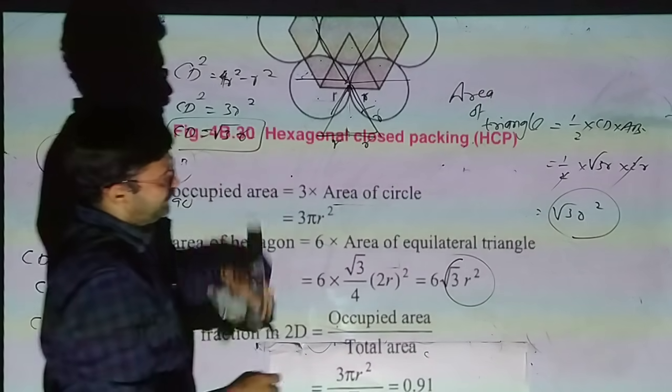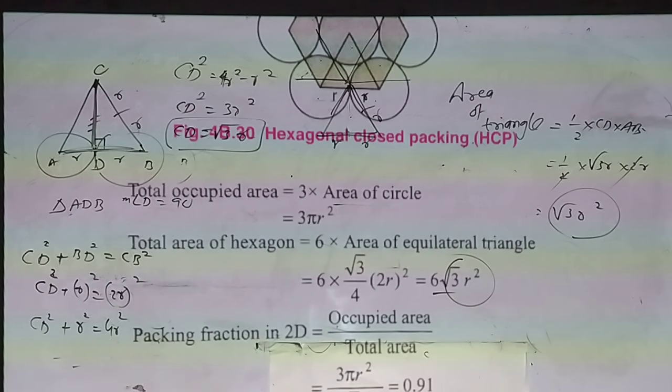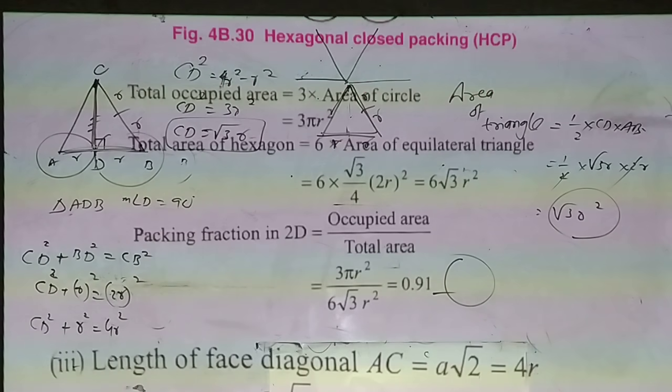These are 6, so 6 times. So the total area of the hexagon is 6 into under root 3 R square.